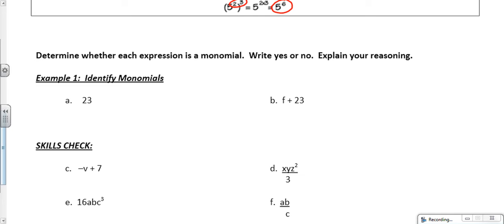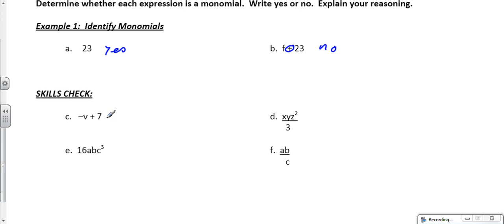First of all, working on definitions, let's make sure that we know what a monomial is. 23 is a constant, so it is a monomial, so yes. F plus 3, because of the plus, it does not satisfy the monomial requirement. It has to be multiplied, so this is no. Here again we have an addition problem, so this is no. Now product, I could rewrite this as 1/3 xyz squared, so it still becomes a product even though it looks like a division problem.